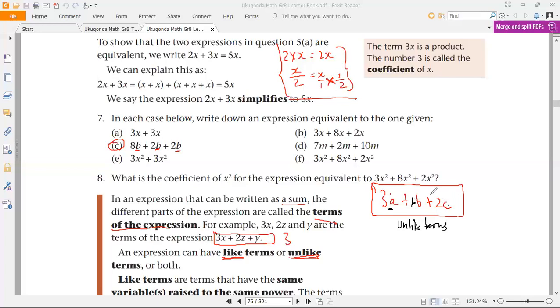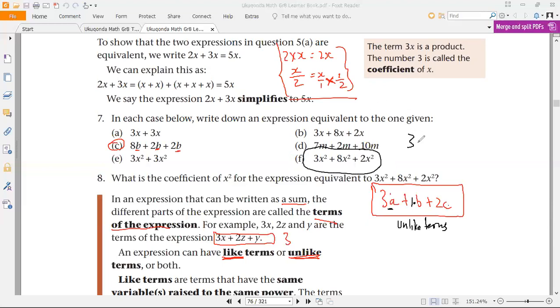Okay. Now, I had already told you that a number that is next to a letter is a coefficient, okay? And we usually call this letter a variable. I've shown you what a term looks like, okay? Now, I want you guys to also note another important thing, especially with this part.